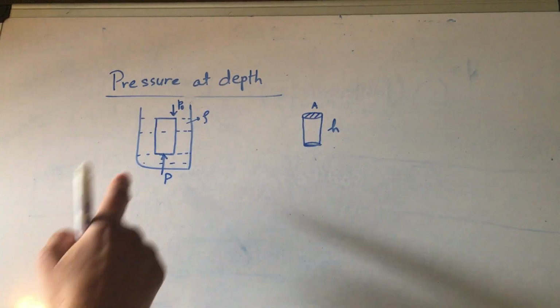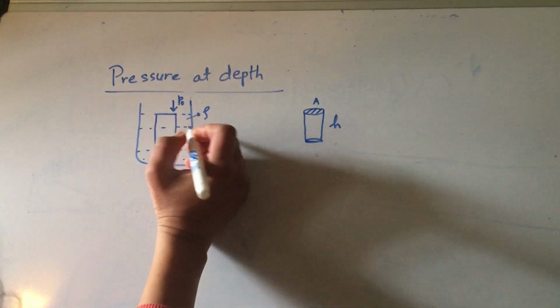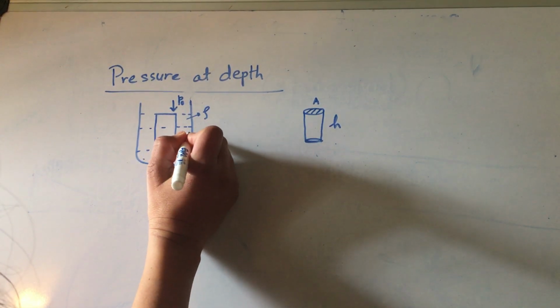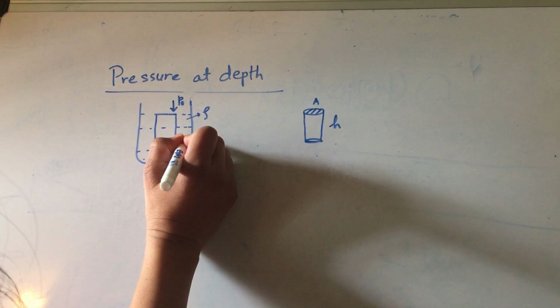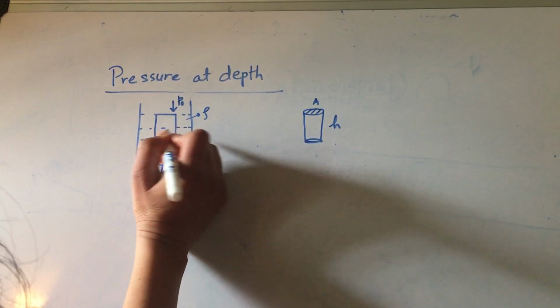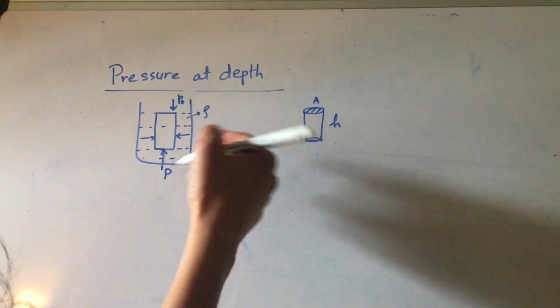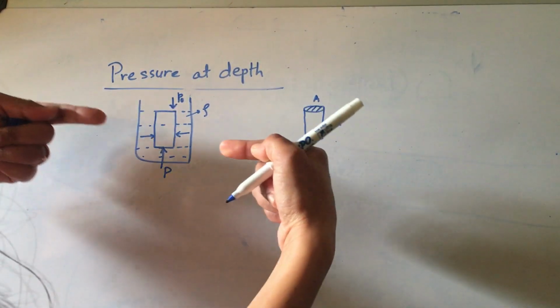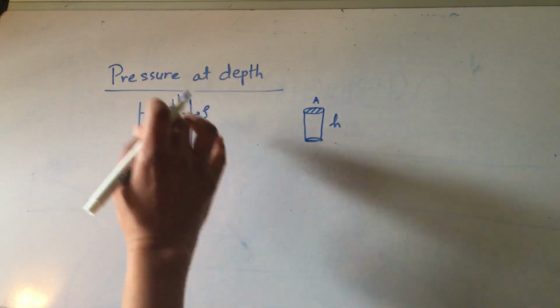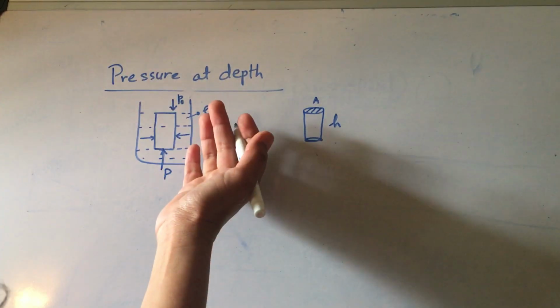Now there is also fluid pushing on the sides of this column. If it pushes from two opposite directions, they cancel each other, so we'll ignore what's happening on the horizontal side because the net force is 0.